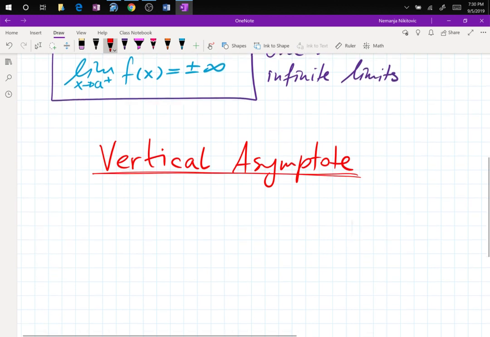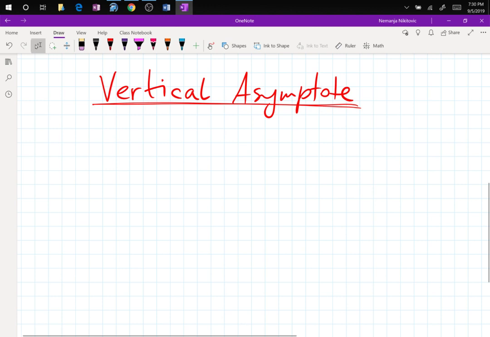You learned something dangerous, and that is you set your denominator equal to 0, and that's the vertical asymptotes. Not quite. So we're going to fix that now. On your exam 1, I might ask you to define vertical asymptote. You are supposed to write the definition for the vertical asymptote.